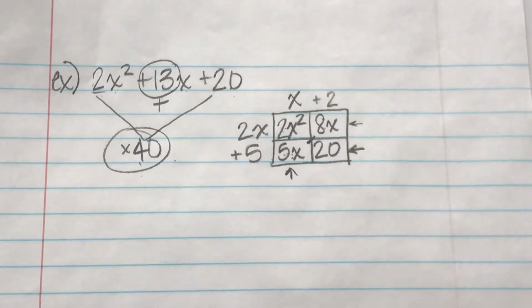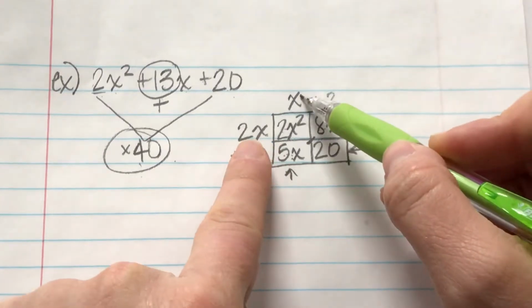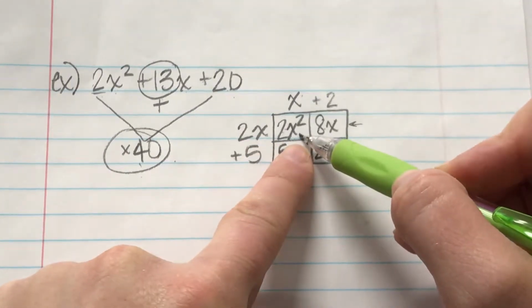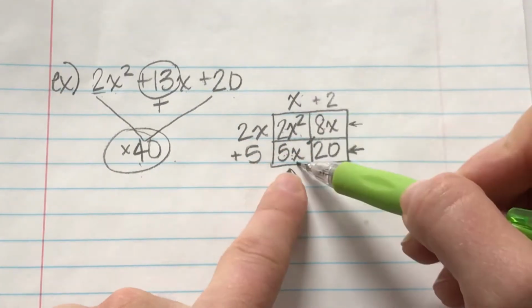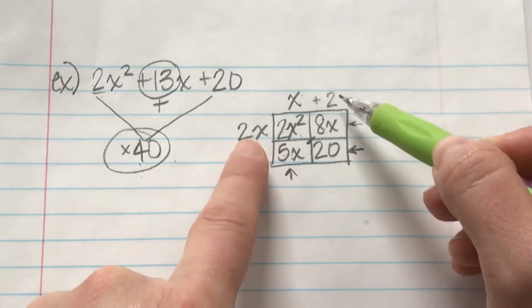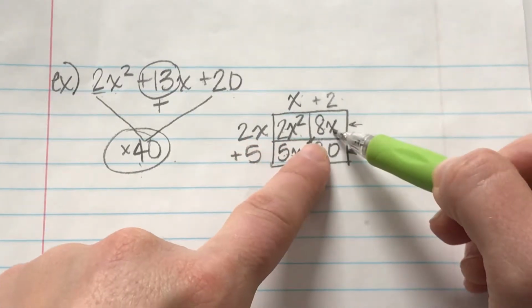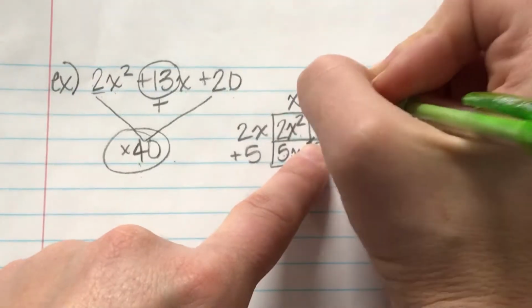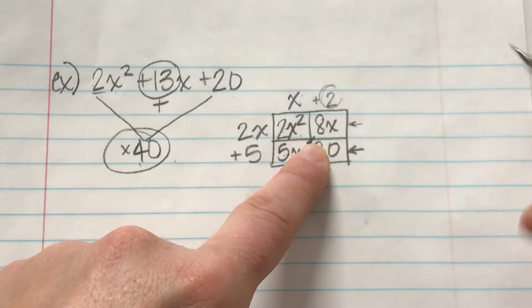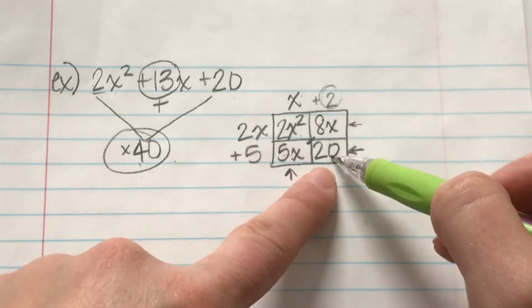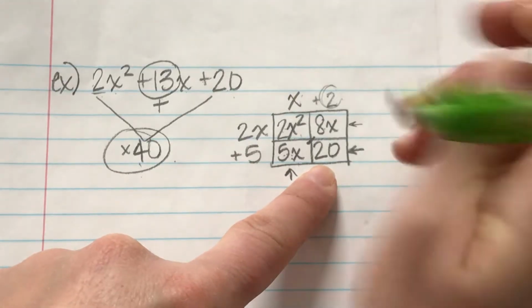Well, here's how you check your work. These two make 2x squared, so those are okay. x and 5 make 5x, you're okay. The problem with this is 2x times 2 would only make 4x instead of 8x. So it's a red flag that there's an issue there. Same thing here, 5 times 2 would only make 10 instead of 20.